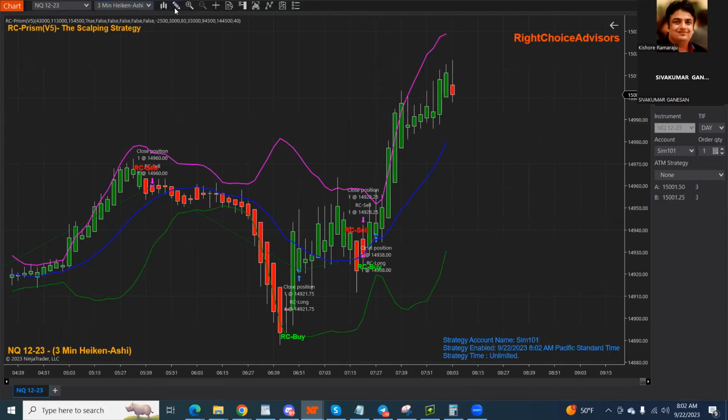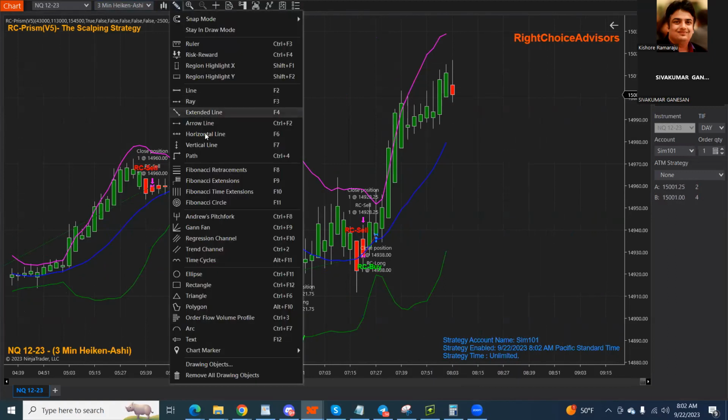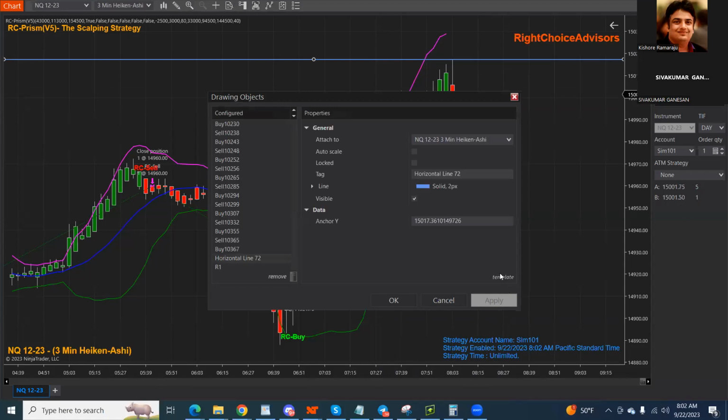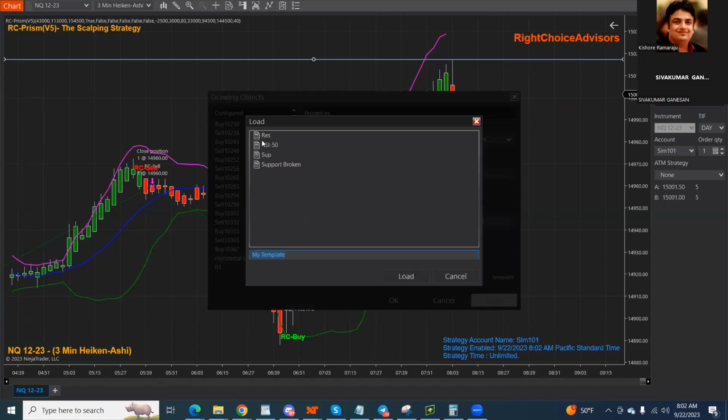On 3 minutes, it took 938 to nearly 70 points, which is nearly $1,500 on the long side. Now we'll make some profits on the short side.